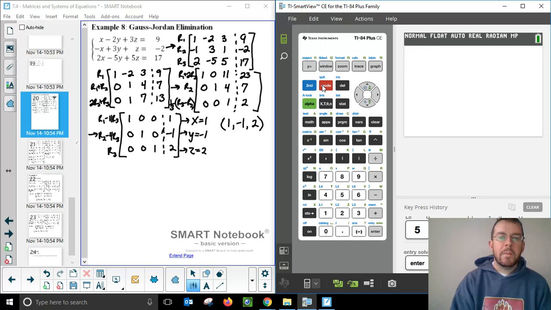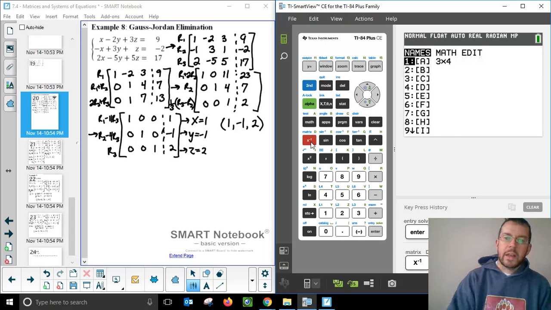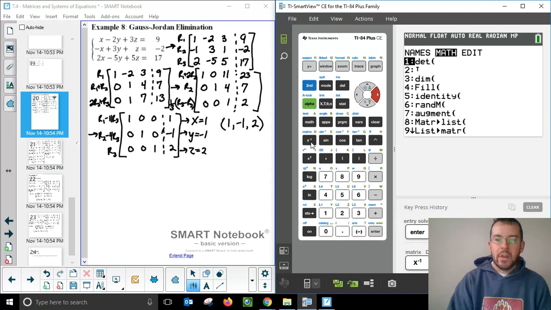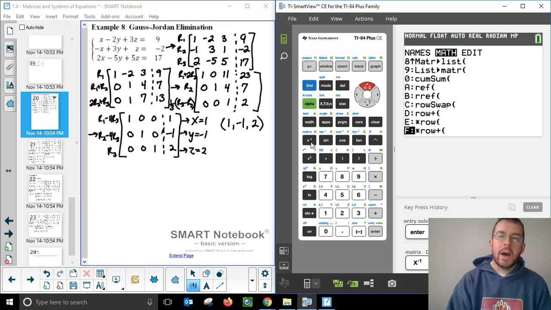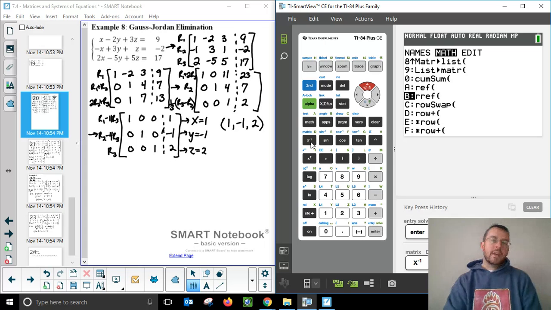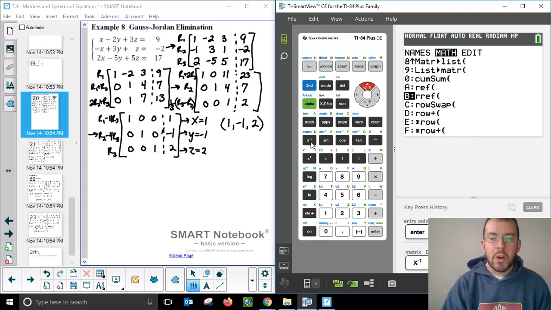All right, now, if you go back to your matrix menu, right, if you actually go over here to math, right, you can go all the way down if you want, but actually if you go up, it's a little bit faster. This RREF stands for reduced row echelon form.